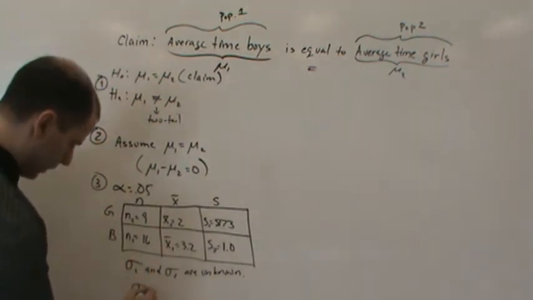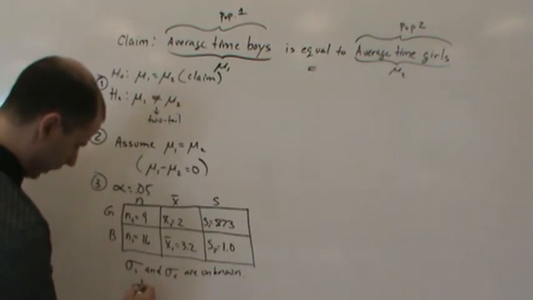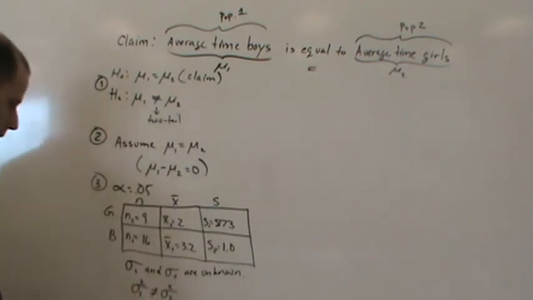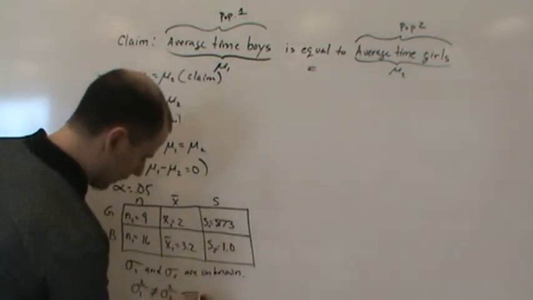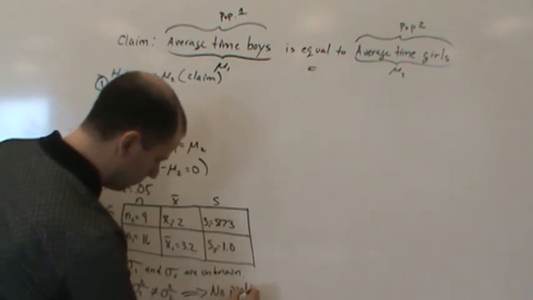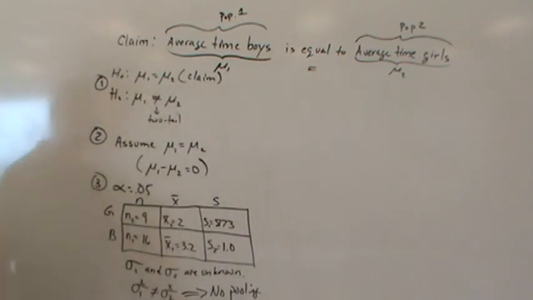So we're going to assume that sigma 1 squared is not equal to sigma 2 squared. That means we're not going to pool, so no pooling. So now we know we're going to use a t-distribution.